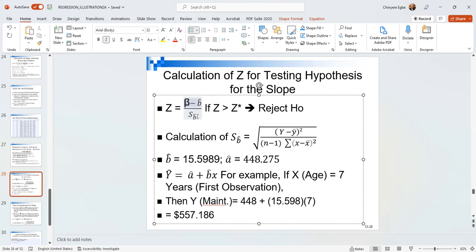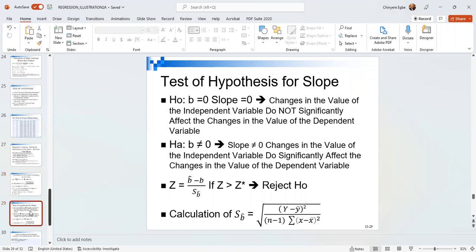And here, the standard error of b hat is something that we calculate, and this is the formula for it if you're going to calculate it by hand. But we're not calculating it by hand. And so you can try that by yourself and demonstrate to yourself that that is the result. And so how do we proceed?